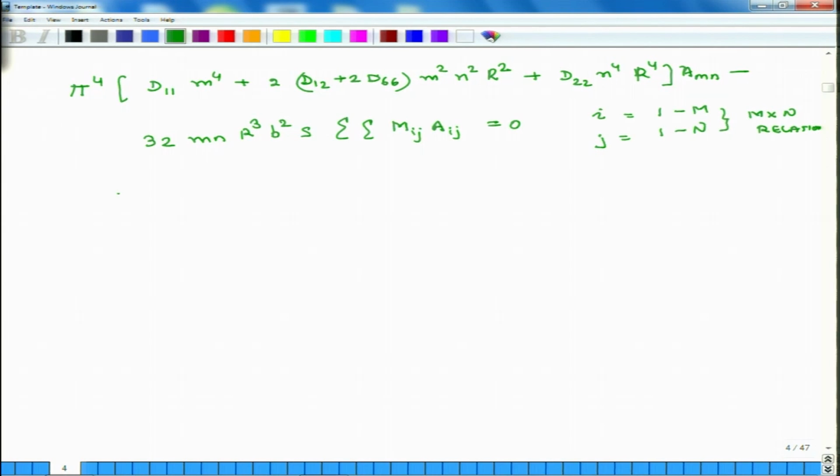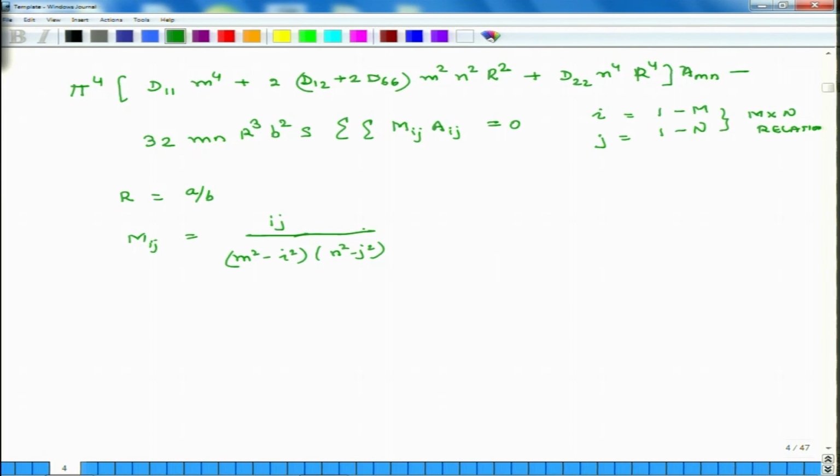And what is r? r is the aspect ratio, a over b. What is S? S we already know, it is the external shear resultant. And what is M_ij? If we do the integral, it is equal to I times j divided by (m squared minus I squared) times (n squared minus j squared).